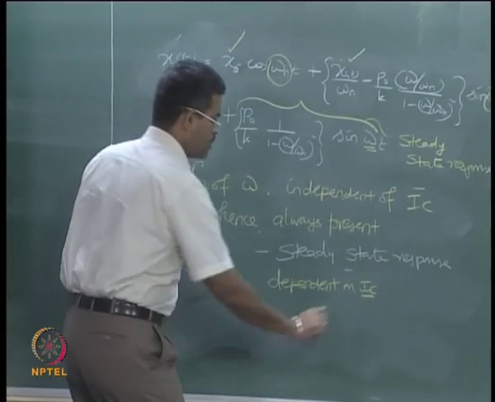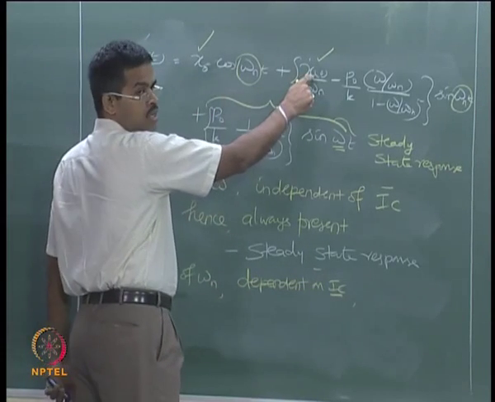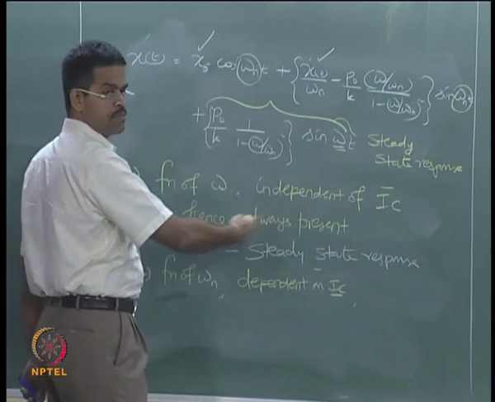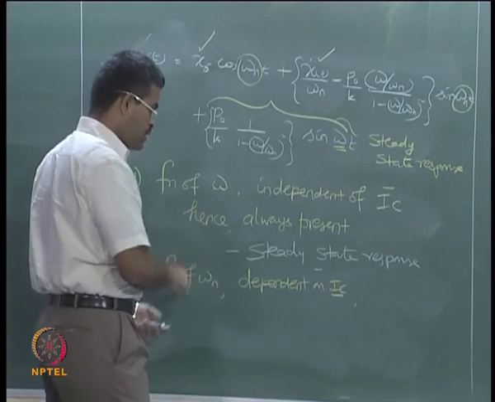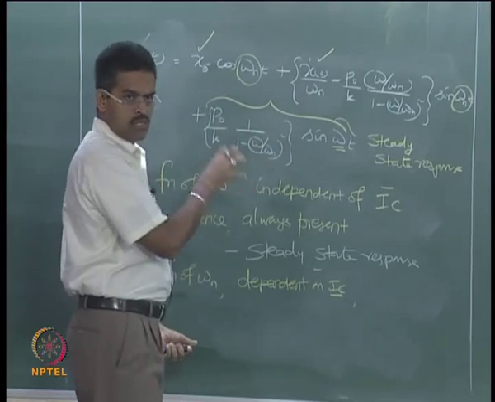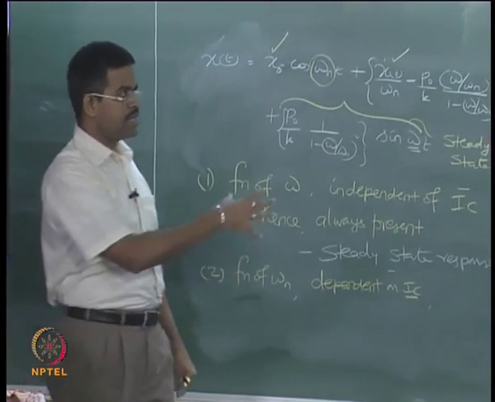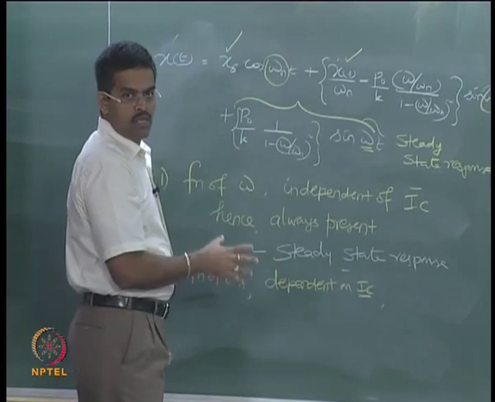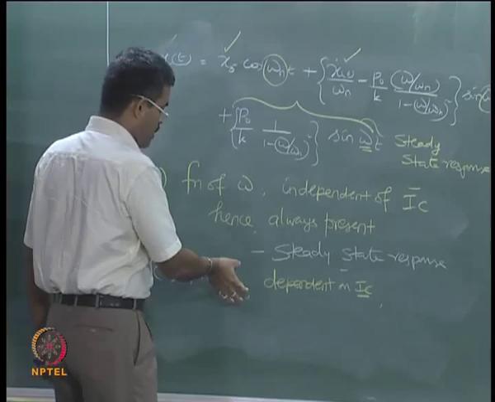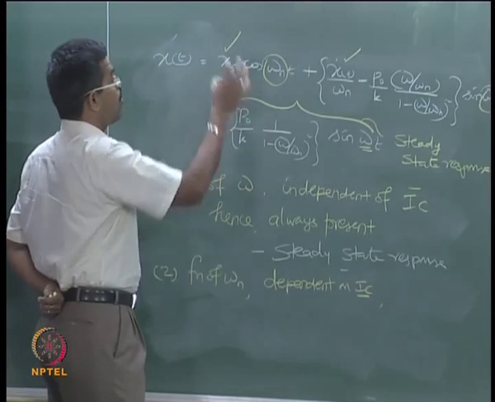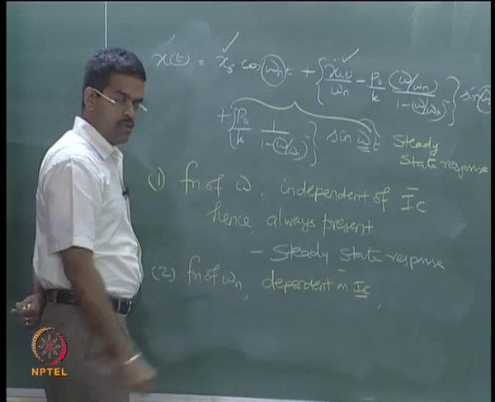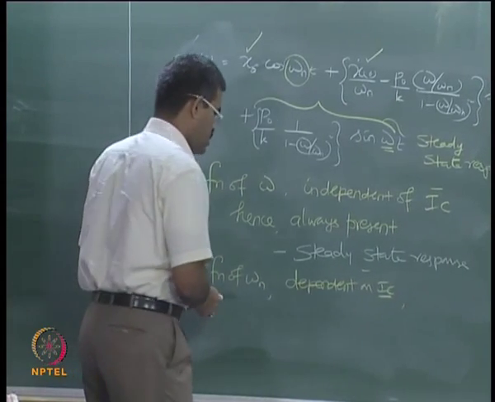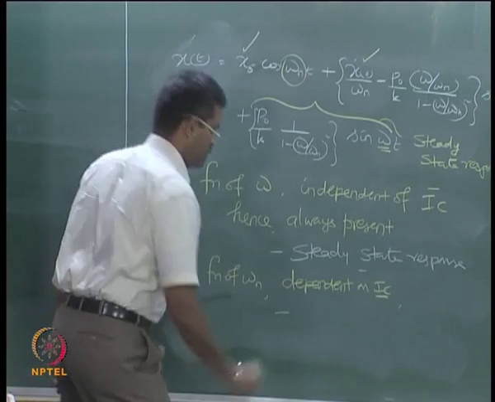So, depending upon the values of x naught and x dot naught, it may even die down or diminish. So, it may not be always present. Further, when you introduce damping to this existing system, which is now undamped, there is no damping here, you will see that any response which is a function of natural frequency and dependent on initial conditions will decay. We have already seen that in the last class. Therefore, this response is what we call transient response.